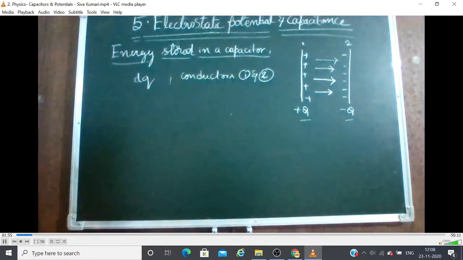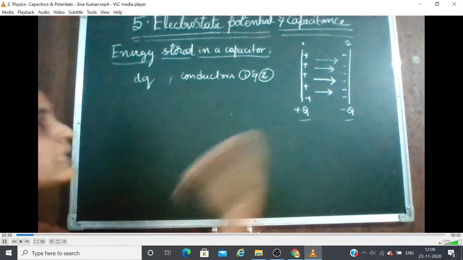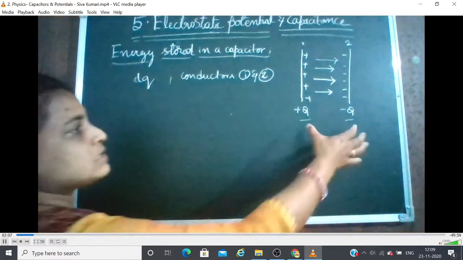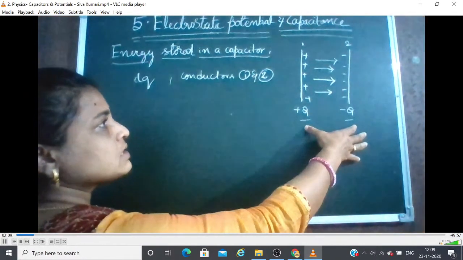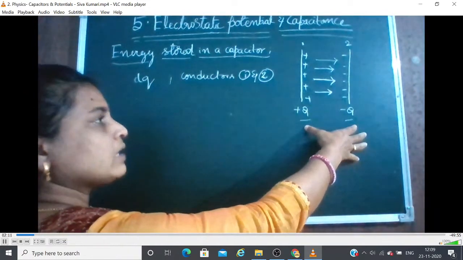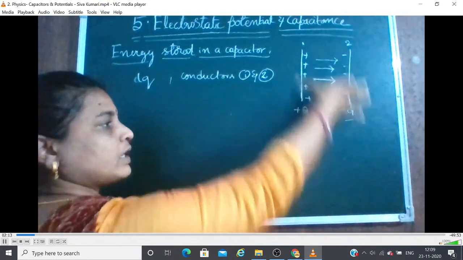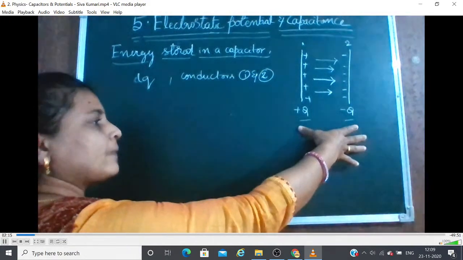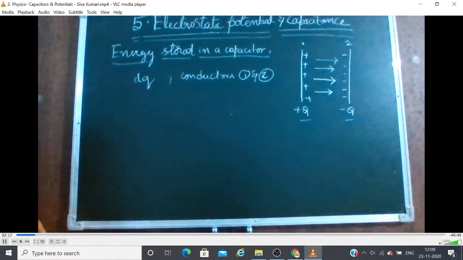Suppose a charge Q is there, then the potential acquired by those conductors. This system of conductors combinedly is a capacitor.